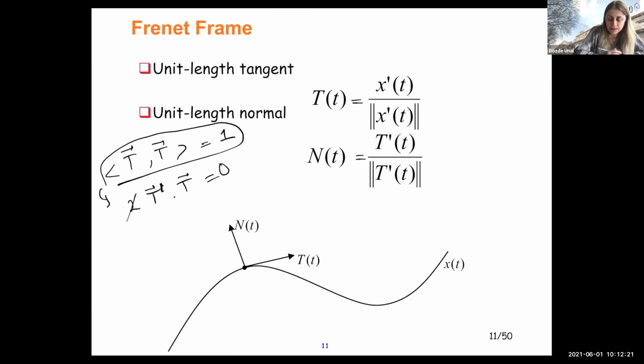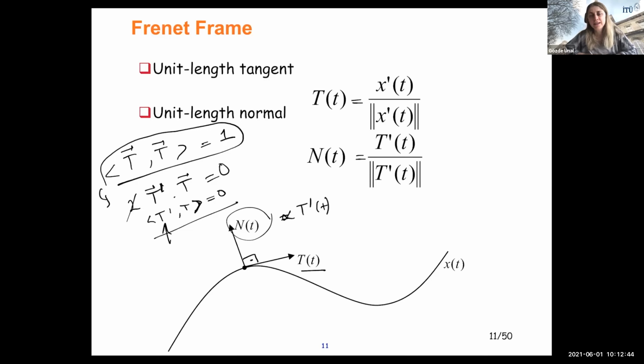This doesn't matter, dot or inner product, I'm using it equivalently. This is also the same thing. Now, this equation tells me T prime is orthogonal to T. So my normal vector is proportional to T prime, which is really nice. I derived the curve itself, x prime, and it gave me the tangent vector.